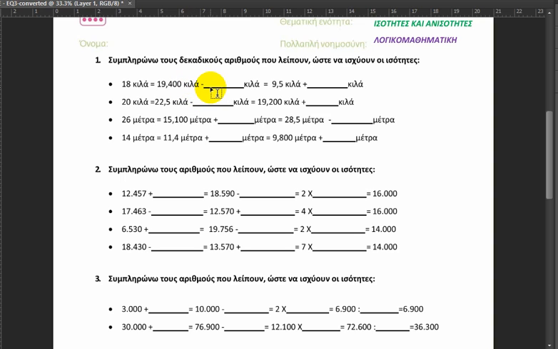So basically here, you need to figure out, well, what have I added to get from 18 to 19.4? Again, I have said this many times, if you have zeros here, you can pretend that they don't exist. If they don't have any more numbers to their right, they do not exist. So what did I add to this to get 19.4? I added 1.4.